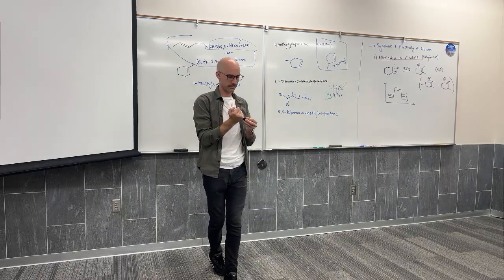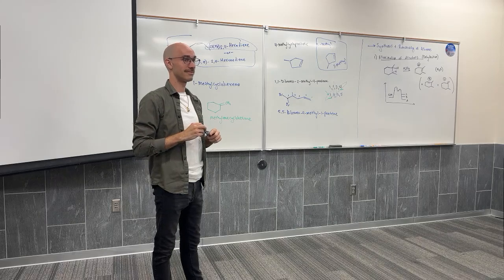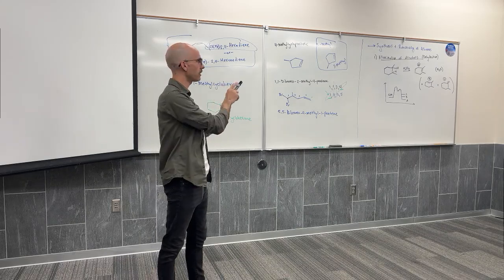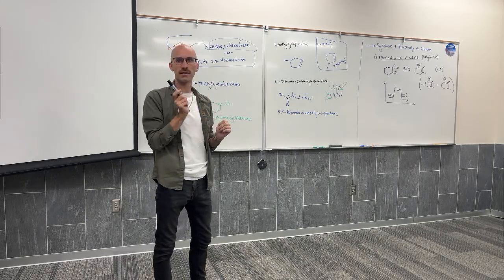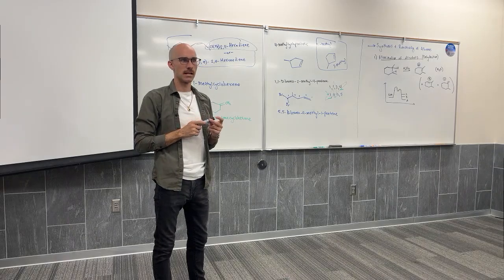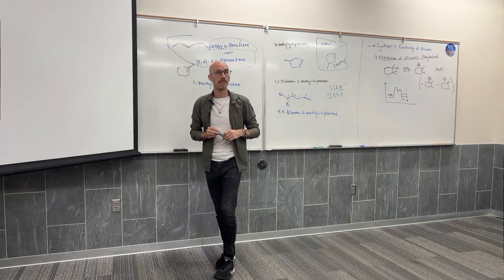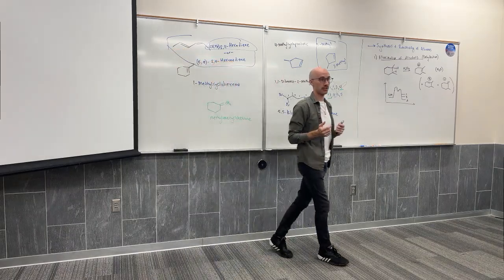So these are not resonance structures, these are potential products. Someone else want to answer that? Are these resonance structures? Are these resonance forms of the same molecule? What do resonance forms differ by? The placement of pi bonds or pi electrons.